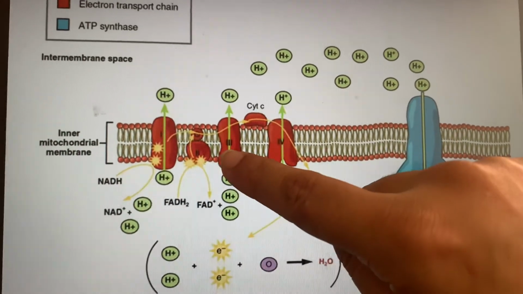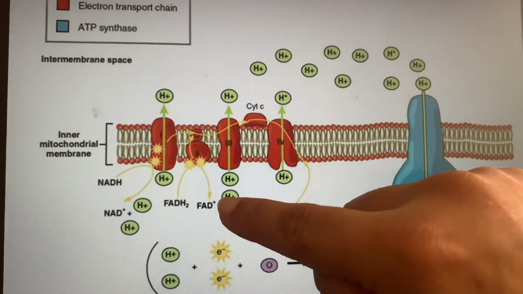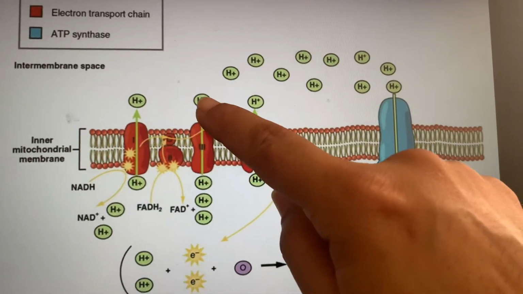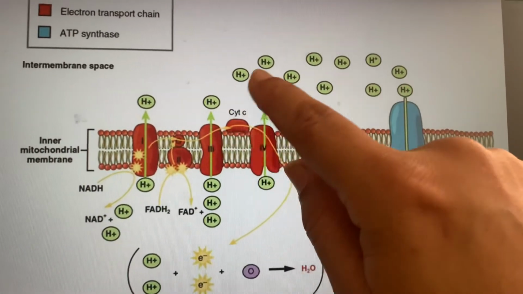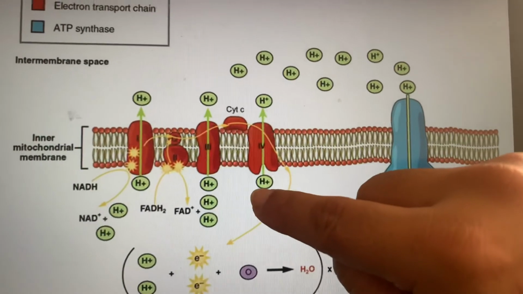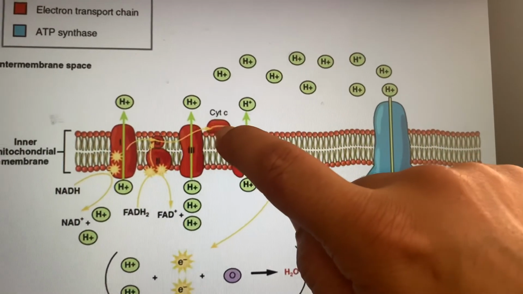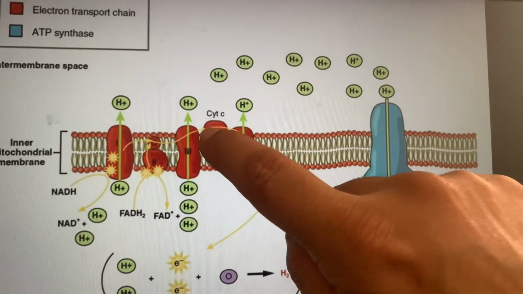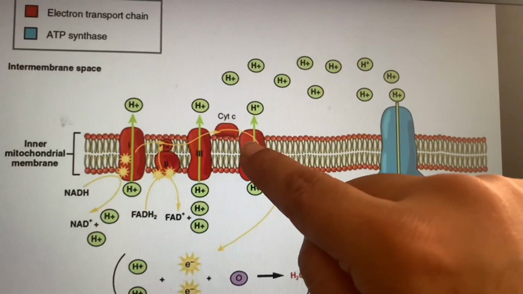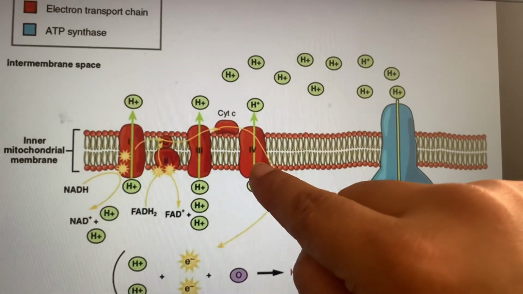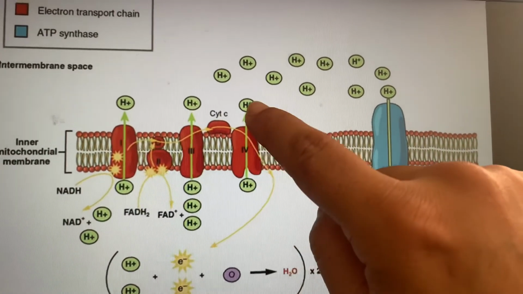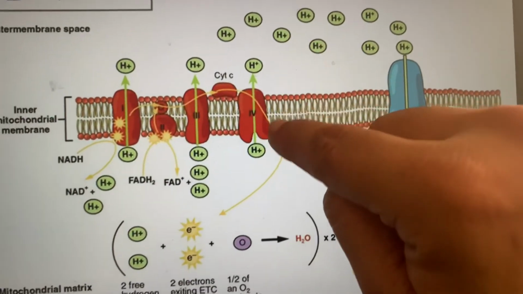From this mediatory step, the electrons travel to protein complex 3. Again there is a reduction or oxidation process, and protons are removed outside the membrane. Through cytochrome C, another coenzyme, these electrons move to protein complex 4, and again hydrogen ions are produced.